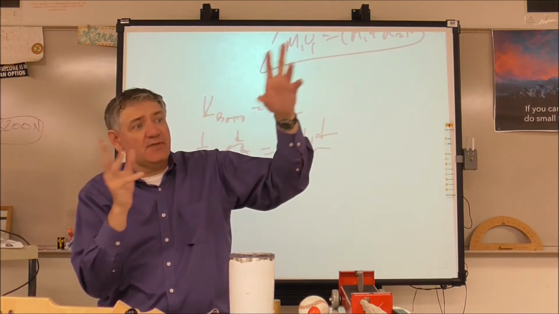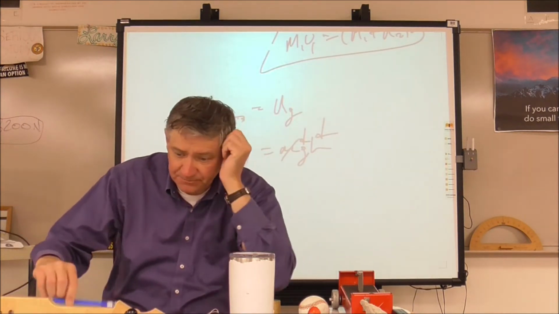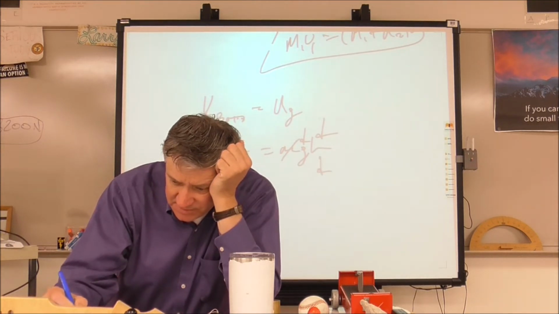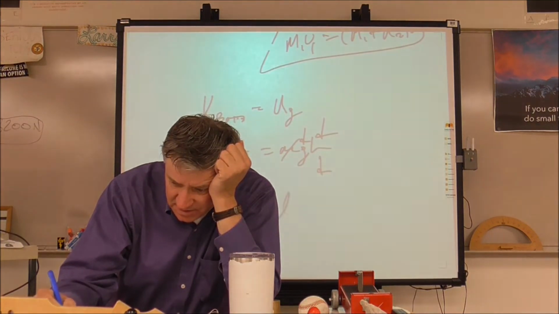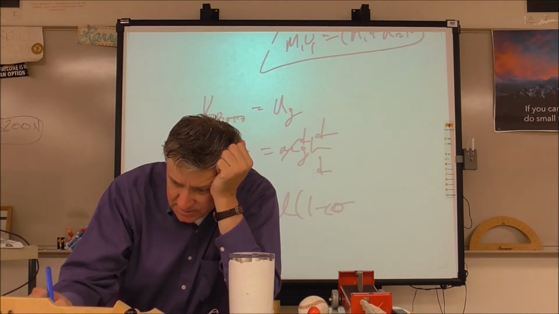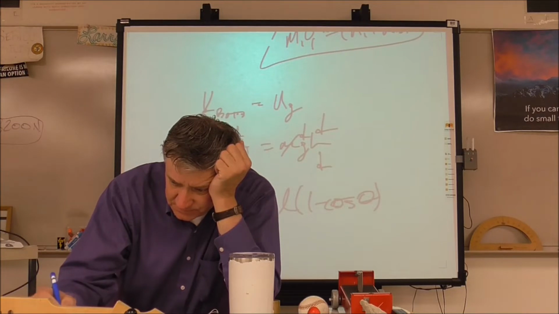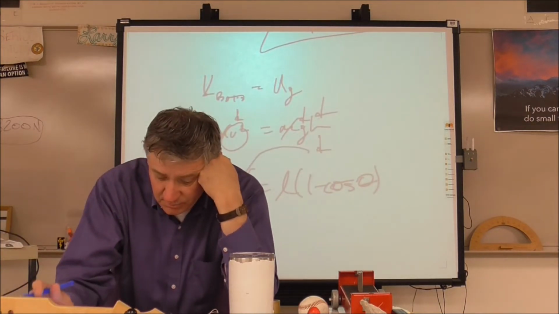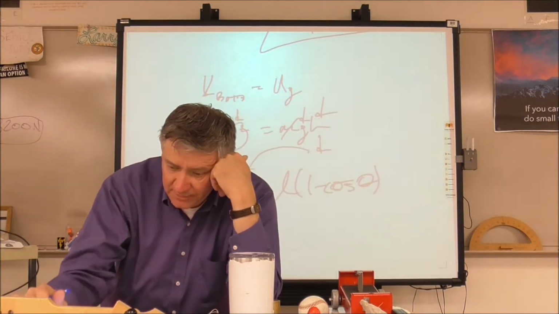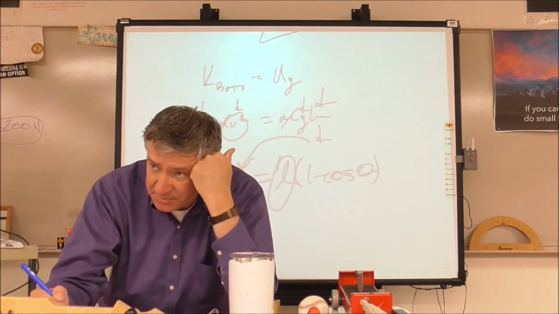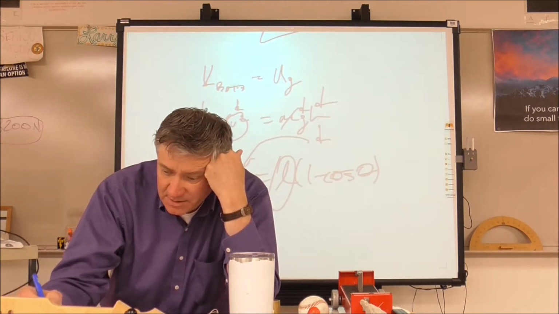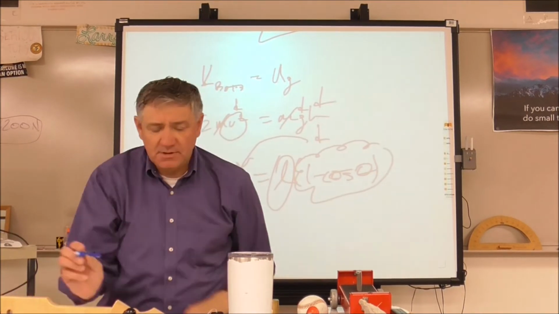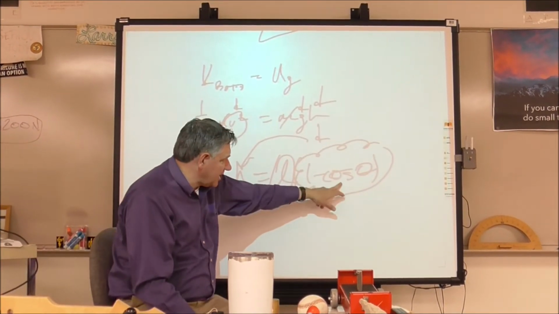So now, at that point, it turns into an algebra problem. Once you get that h, you're going to go back to h equals L times 1 minus cosine theta. So you can take that h and put that in there, and you're still going to know the length of the pendulum. That hasn't changed. So then you've got to get cosine theta by itself.